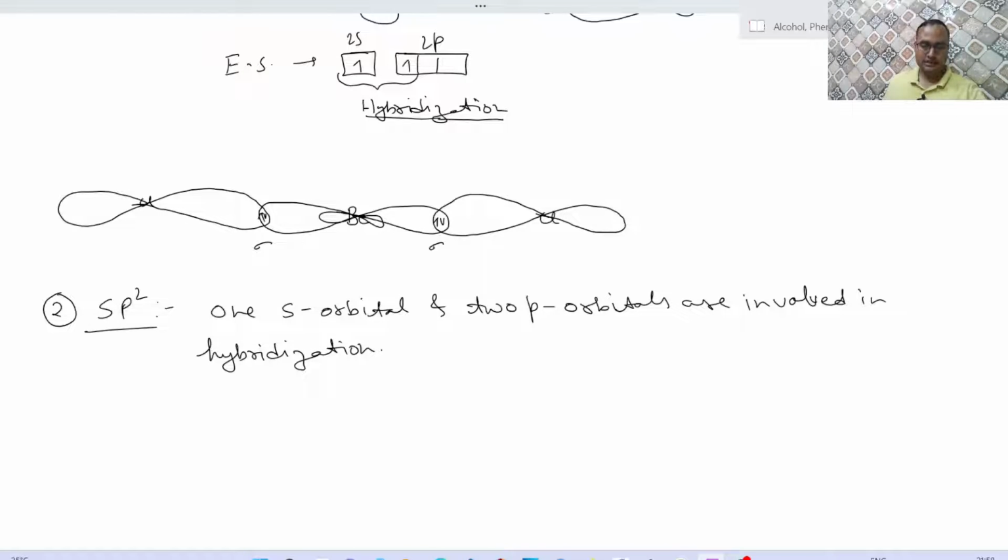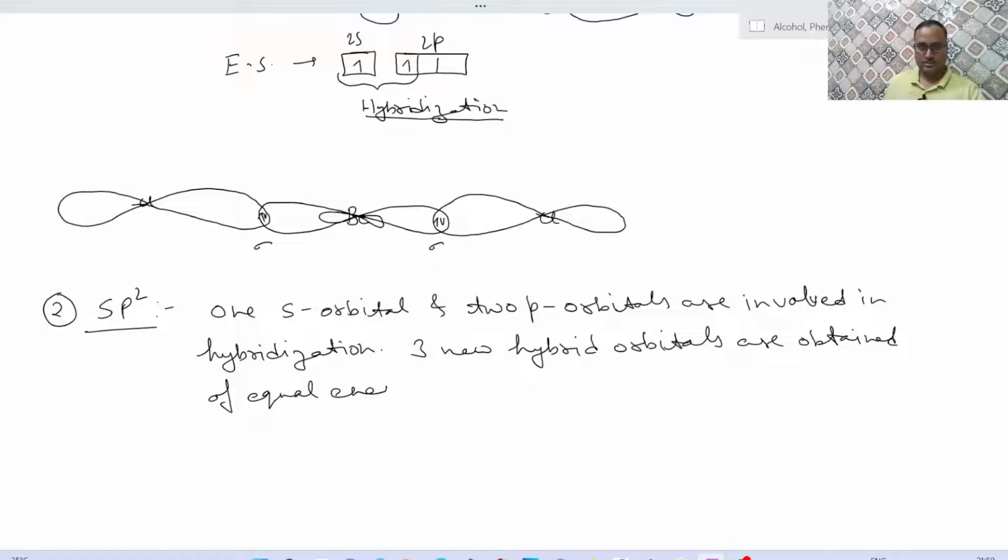So we'll be getting three new hybrid orbitals of equal energy and shape.